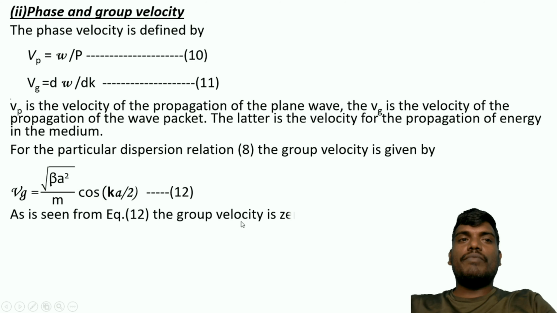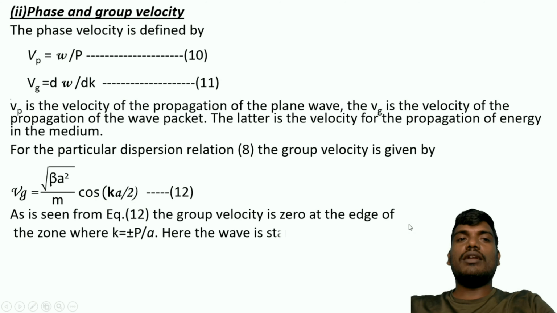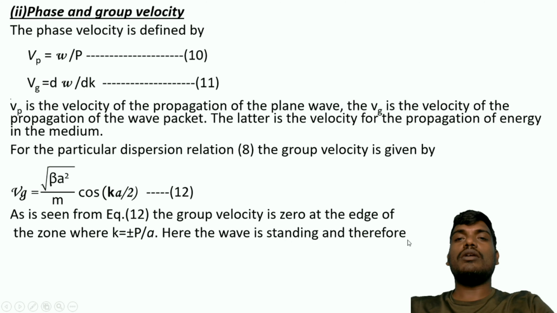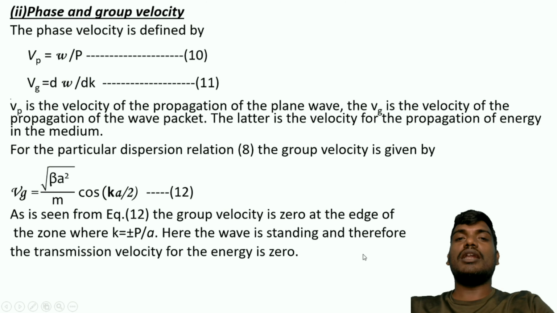As seen from equation number 12, the group velocity is 0 at the end of the zone, where k equals plus or minus pi by a. Here the wave is standing, and therefore the transmission velocity for the energy is 0.